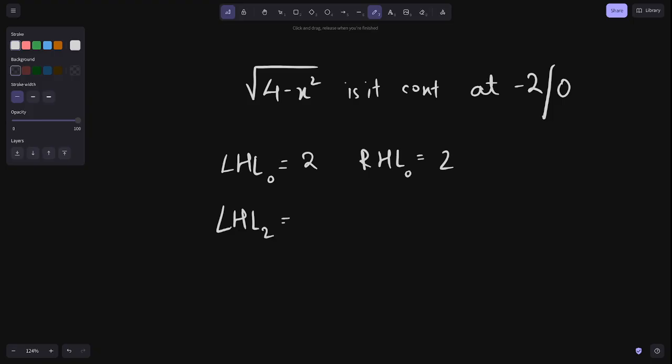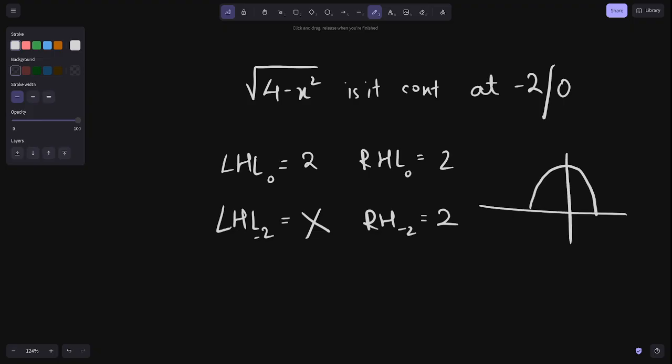What will LHL be at -2? LHL at -2 does not exist, while RHL at -2 is just 0. Does not exist because this graph looks like this, and beyond this point there are no other values. There is no value here and there is no value here, right? So does not exist. So LHL is not equal to RHL, so it is discontinuous here and continuous here, which is very logical.